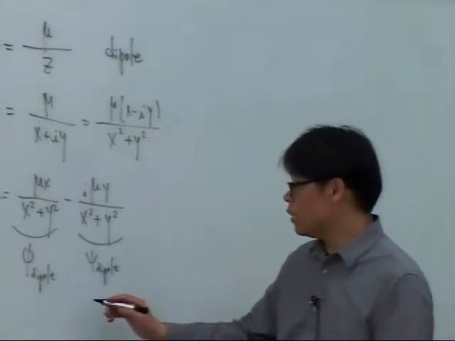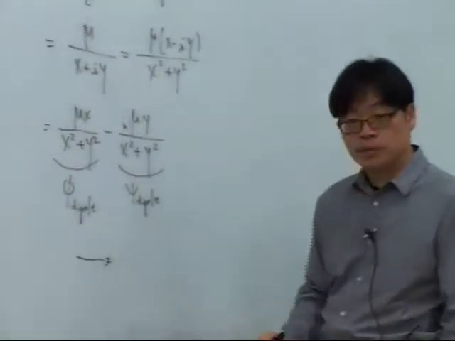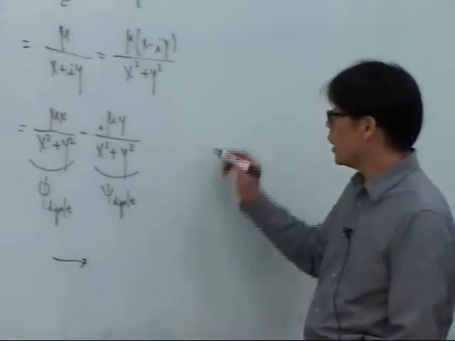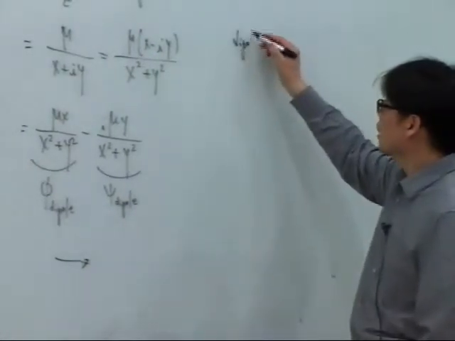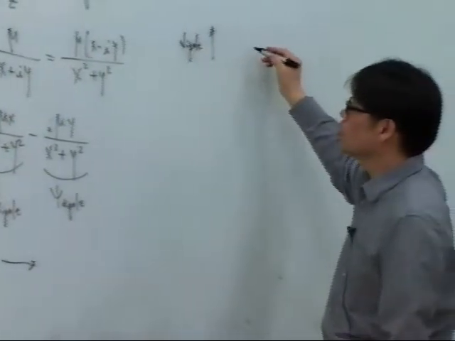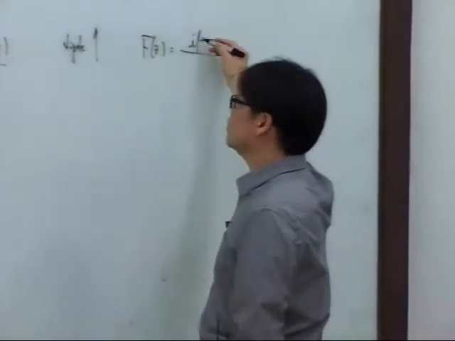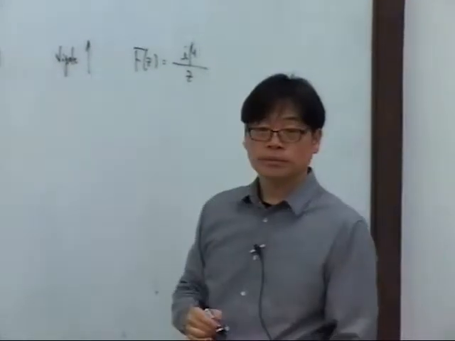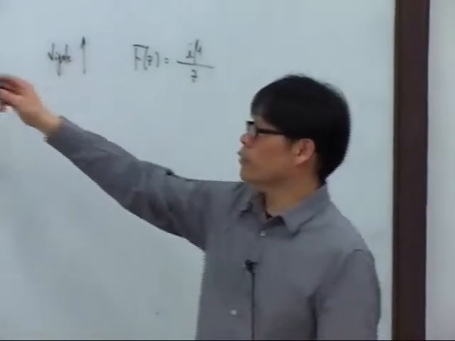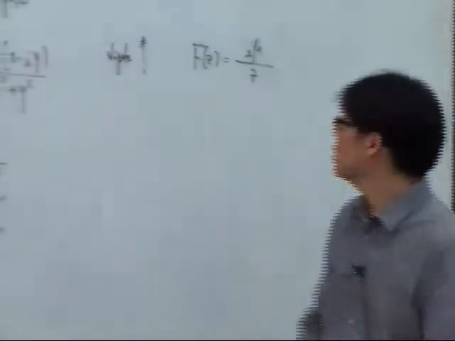So this time, this is a dipole aligned in this direction, then your f of z has to be i mu over z. Okay. So in general, you can have both real and imaginary parts.